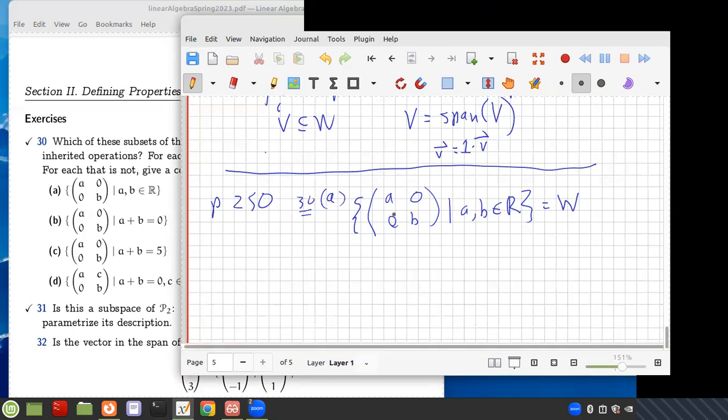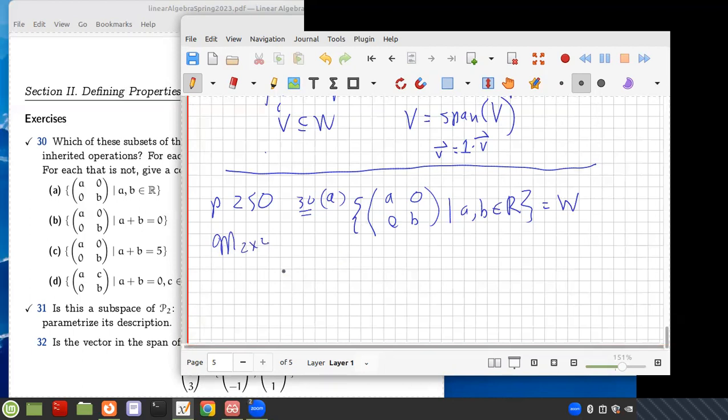Well, if I could show that it's equal to the span of some set, then I know it's a subspace. Parameterizing it means writing it as a span. So try to rewrite this set of vectors, thinking of M22 as a vector space.